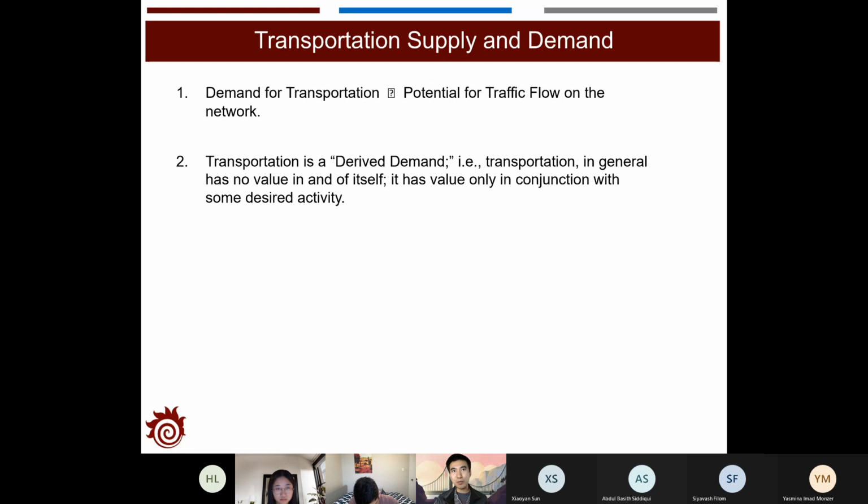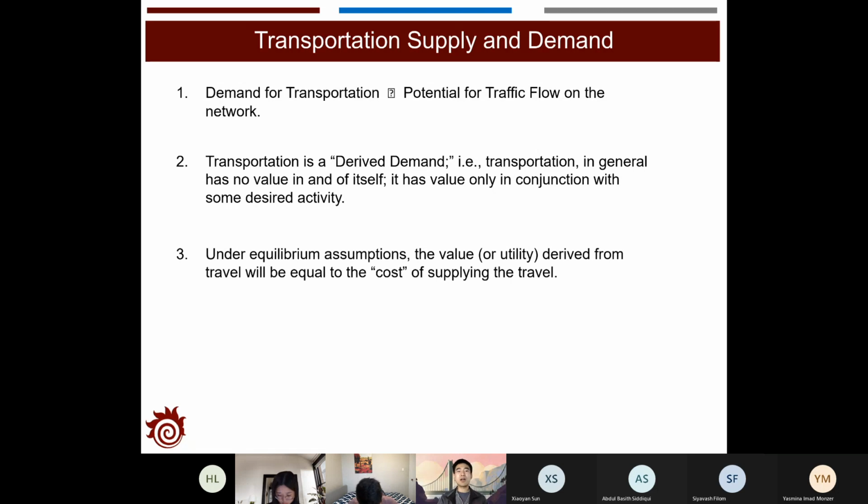They do not take the trip because they want to drive on the road. So we need to think about transportation as a derived demand, a consequence of the activity, and we also recognize that the movement of people and goods will generate the actual cost for the activity that they have to do, or for the products they want to sell.